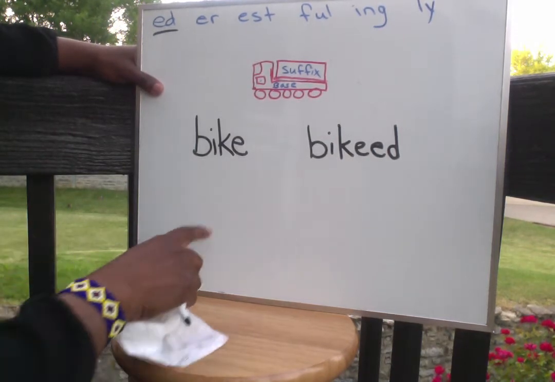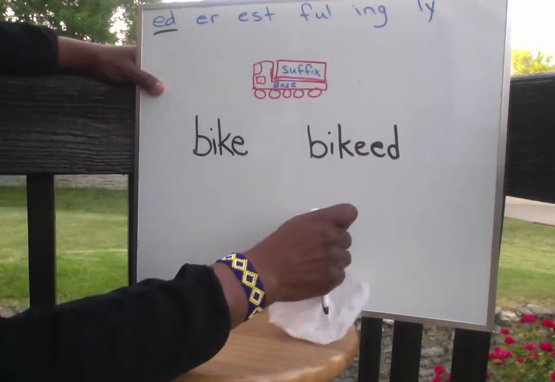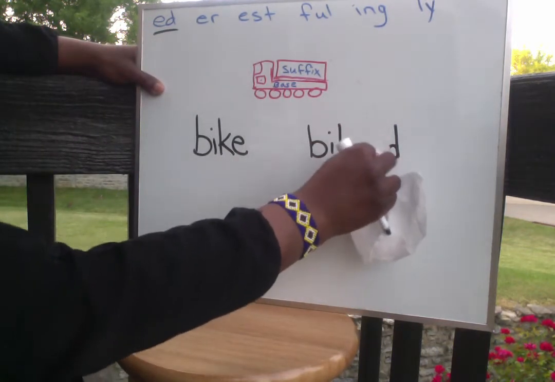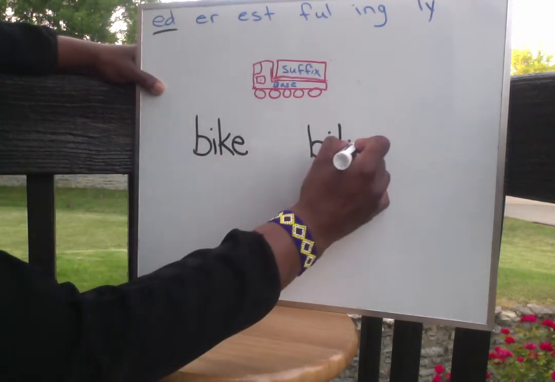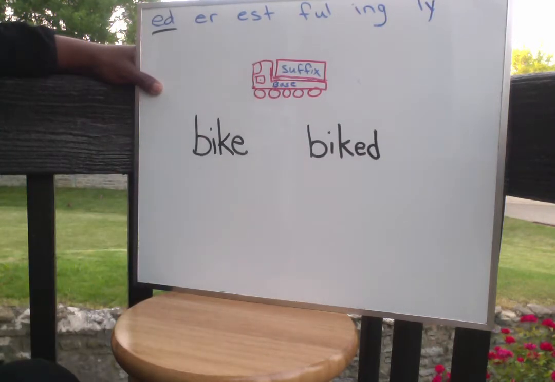The rule is that if you have a suffix that begins with a vowel, then you drop the E and just add the suffix. Biked. She biked home yesterday.